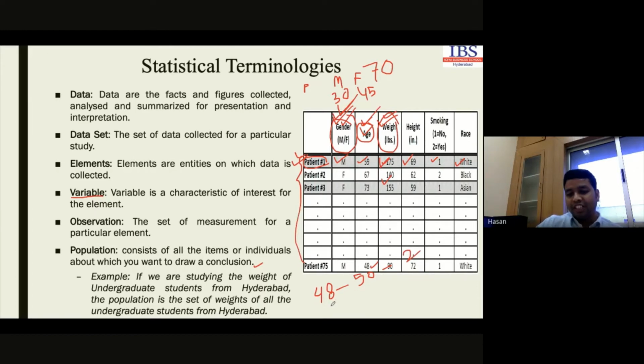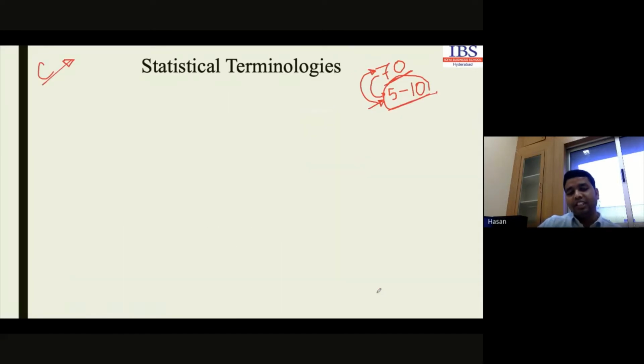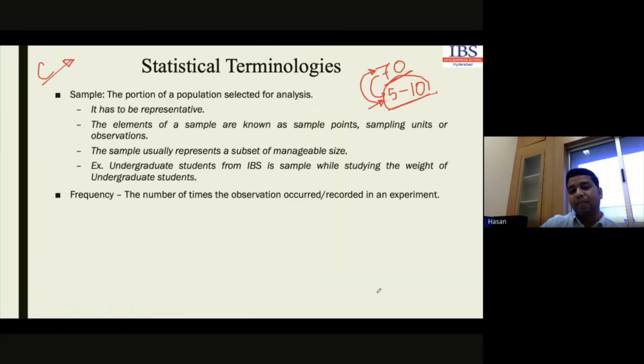Again for 50 to 55, we may find the number in this category is 5. That is our frequency. In general, we define frequency as the number of observations, the repeating occurrence of the observations. This is frequency. Is that clear?